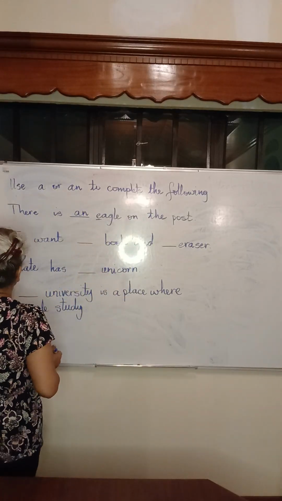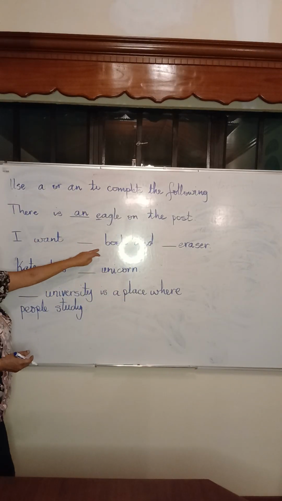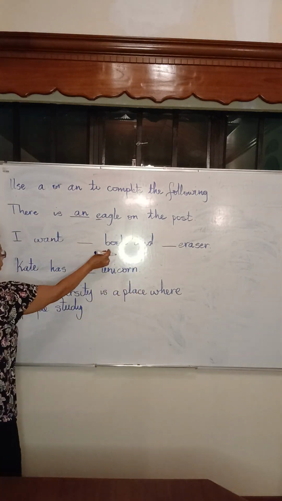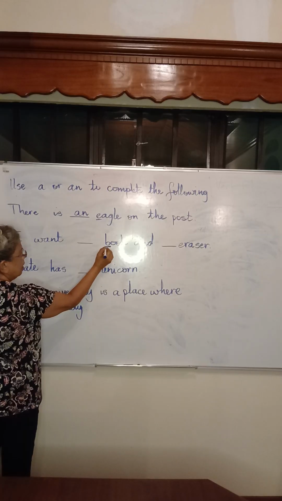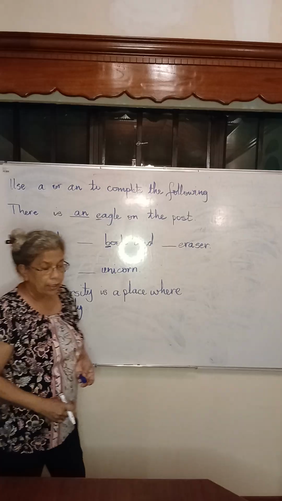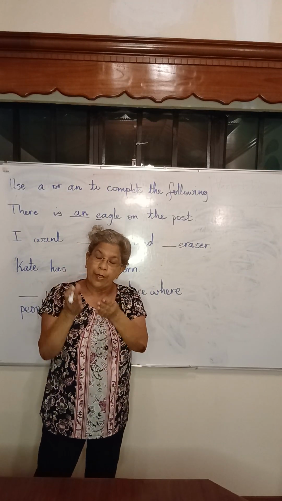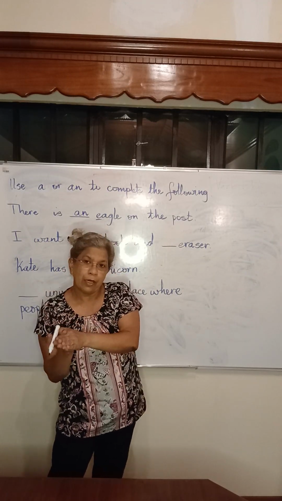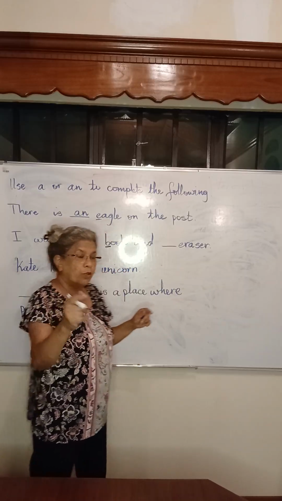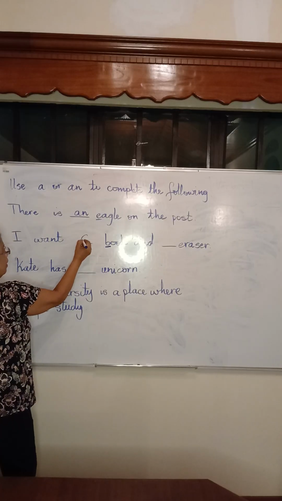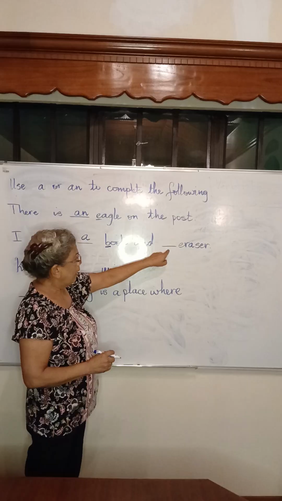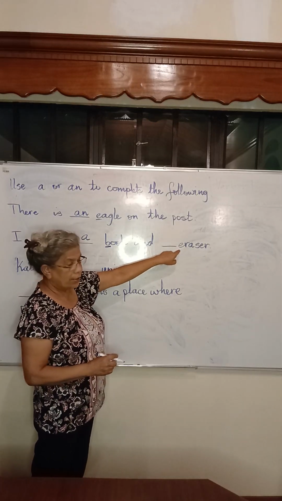Okay? I want something book and something eraser. The word book starts with the letter B. That's a consonant. And the rule tells us that when we have to choose A or an, words that begin with consonants, we use A. I want a book and something eraser.